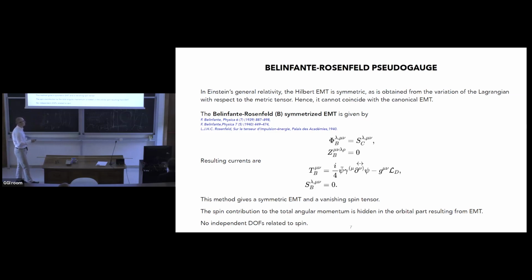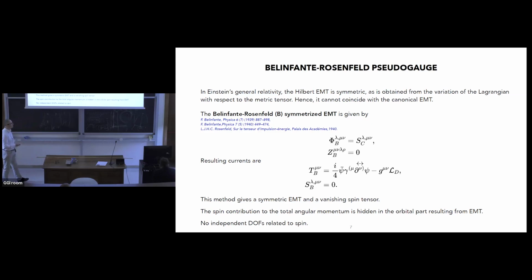In this way you get the symmetric T mu nu, and the spin current is basically not present at all in the theory. So you shift all the angular momentum into this orbital sector. Unfortunately, this is not satisfactory if you want to construct the hydrodynamics with some non-trivial spin evolution.